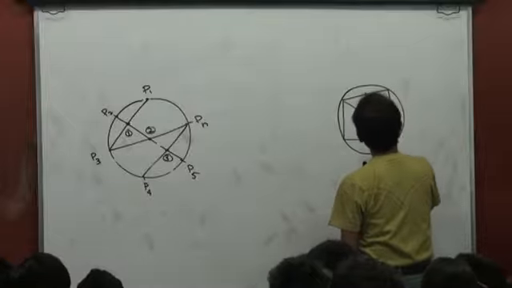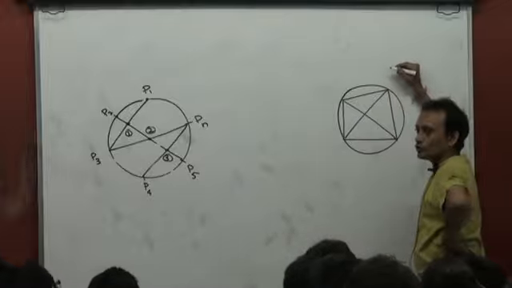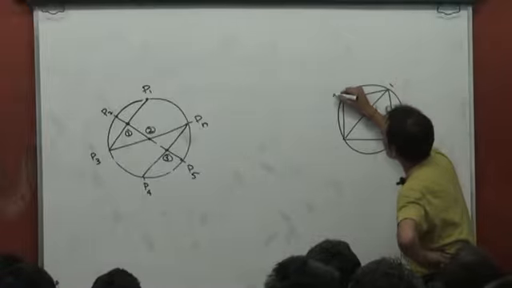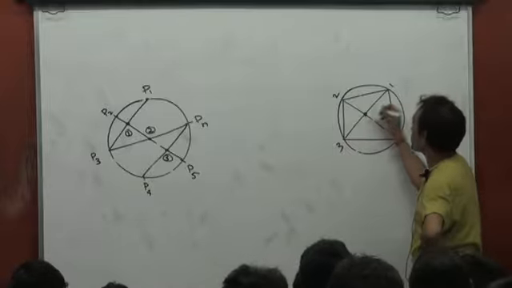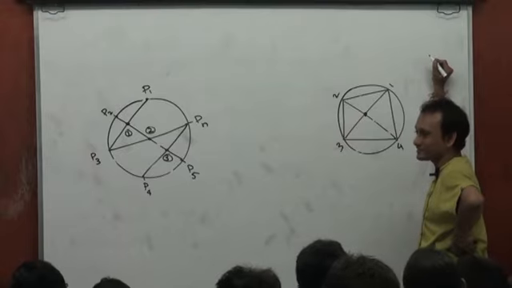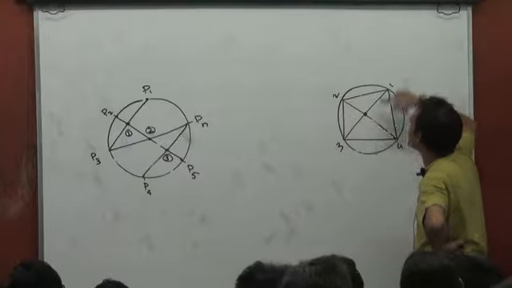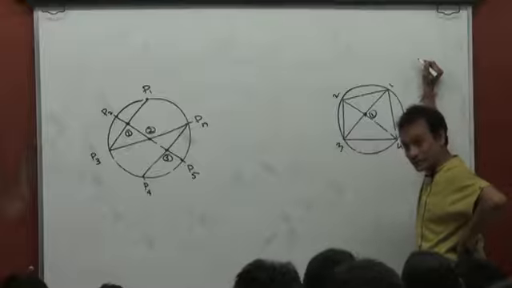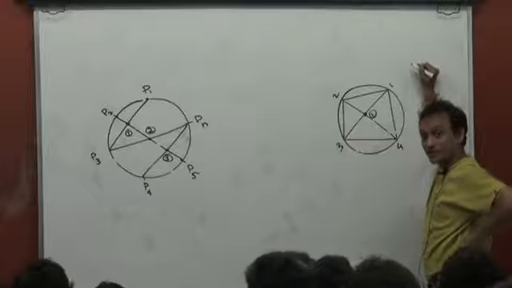Now, do you realize that every time you select a quadrilateral on the circle, that means you select 4 points on the circle, one intersection point is generated, isn't it? For every set of 4 points, one intersection point is created.